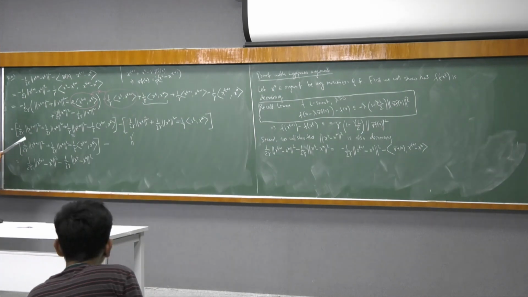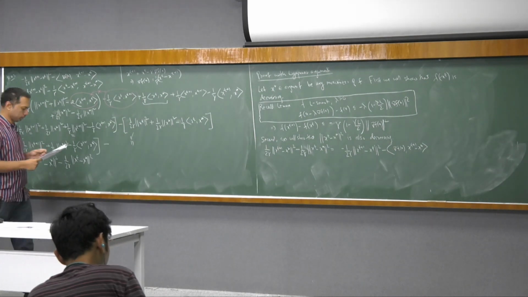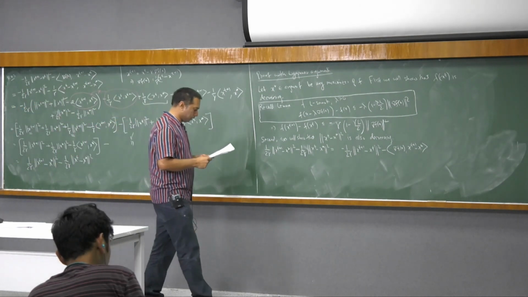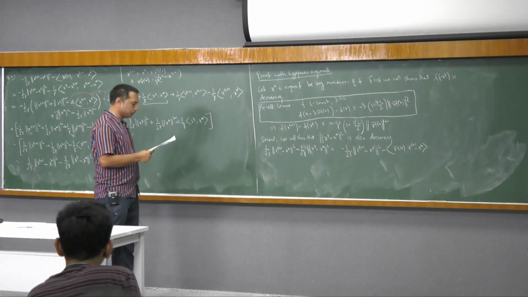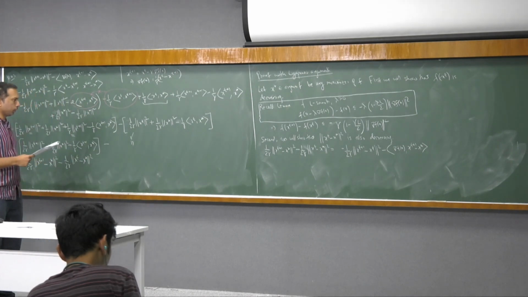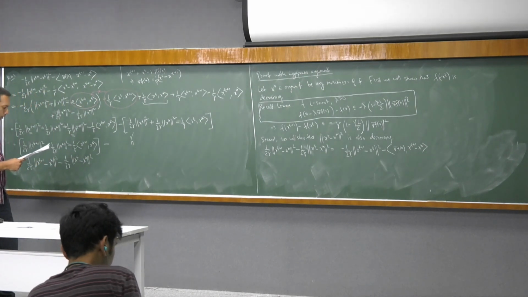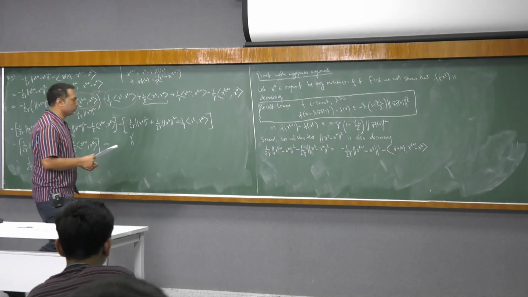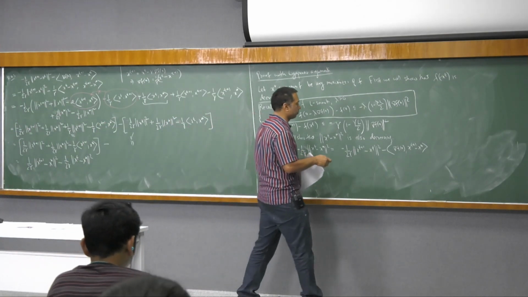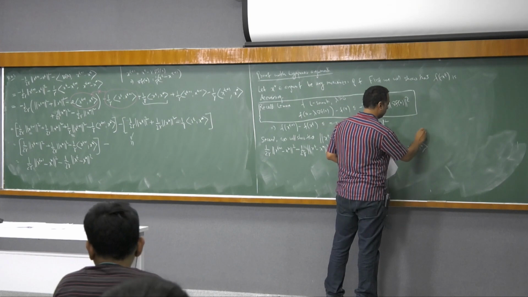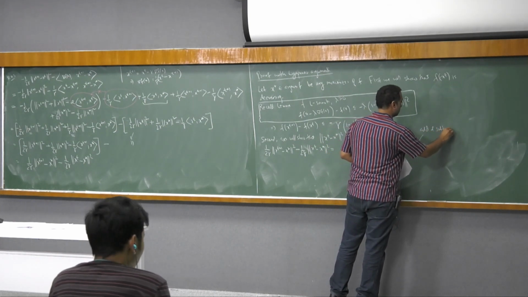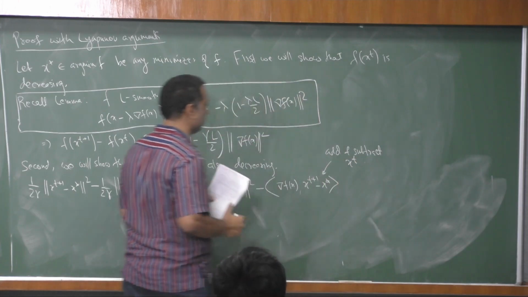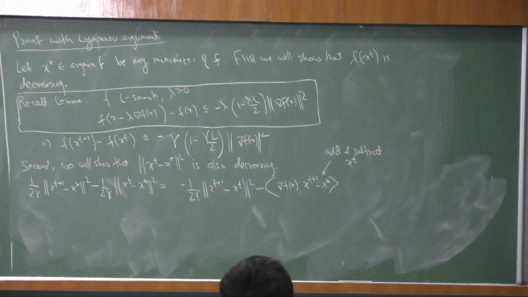So now what we will do in this is we will do an additional trick here. We will add and subtract xt on the right hand side. So basically here I will add and subtract xt. If I do that, let's see what we get.